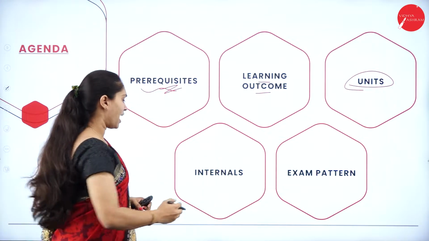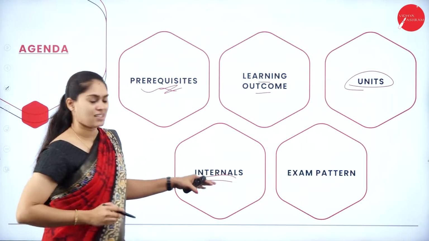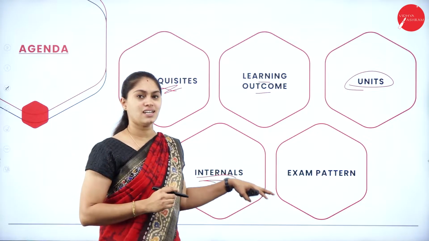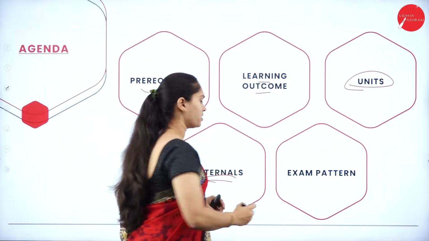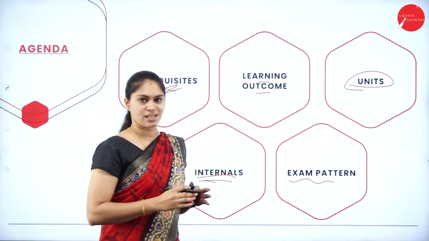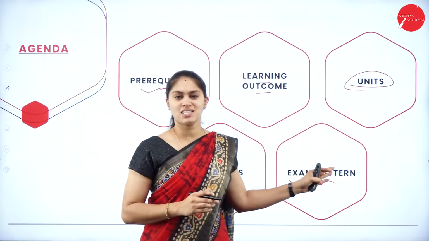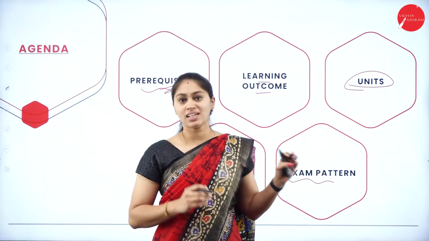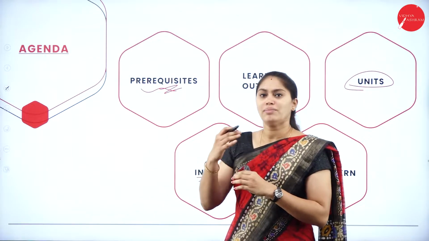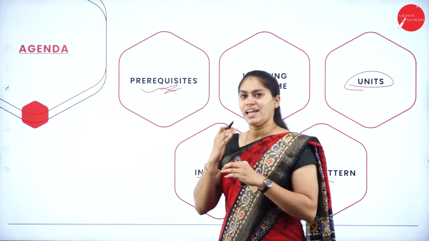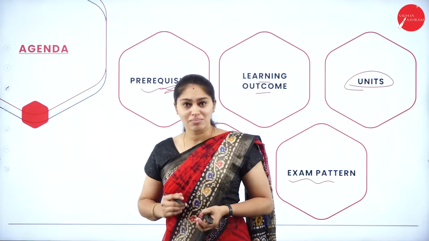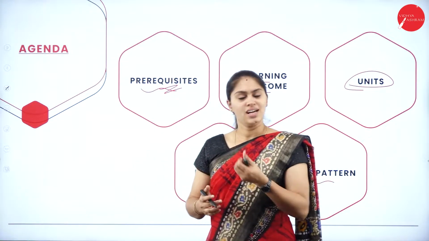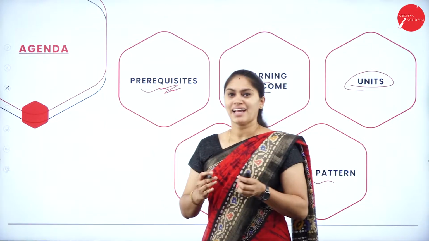Along with that, I would like to work regarding this internals. So we will discuss about the internals. Along with that, exam pattern we'll see like what will be the marks distribution for this subject, and along with that we will see how many parts it consists of, and each part comprises of how many marks or how to answer that question that I am going to discuss in the exam pattern.